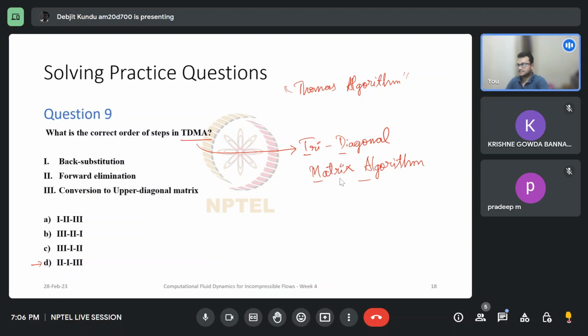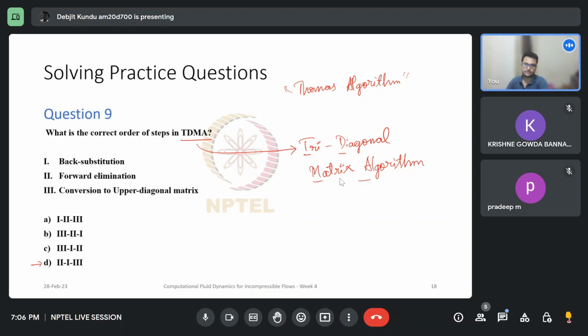So, one is back substitution, two is forward elimination, three is conversion to upper diagonal matrix. And the options which we have are 1 2 3, 3 2 1, 3 1 2, and 2 1 3. So instead of looking at the options, try to figure out what are the actual correct steps.